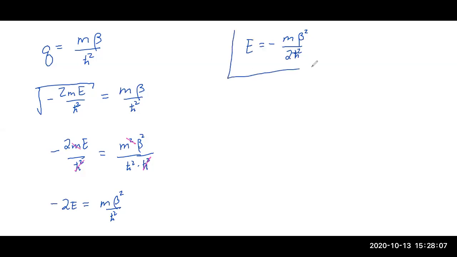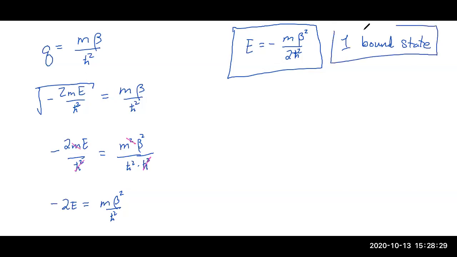This is the energy, and there's only one energy, so this means that there is one bound state. And it has this amount of energy, whatever that is. Yes, so that's the answer to our question. The question here was, how many bound states are there?